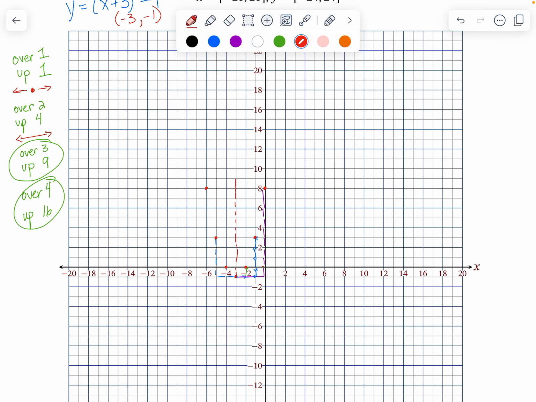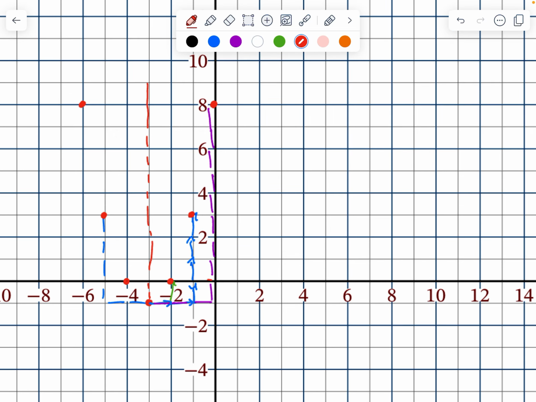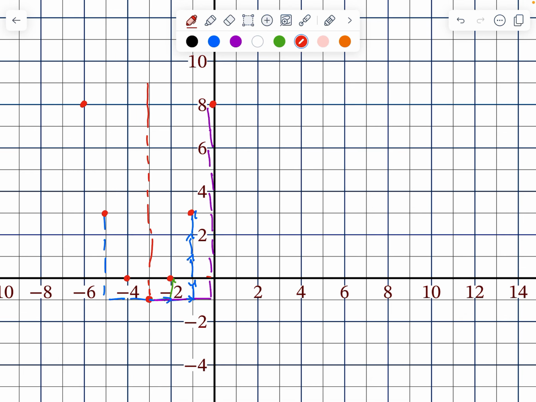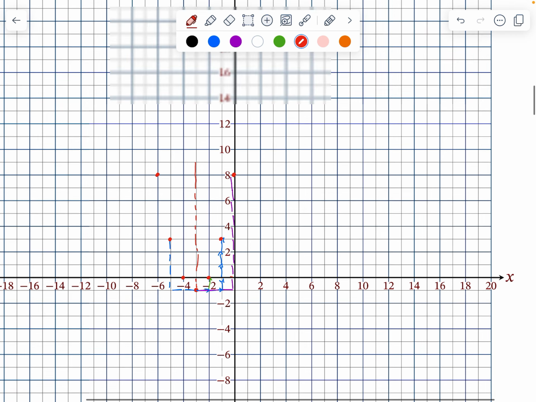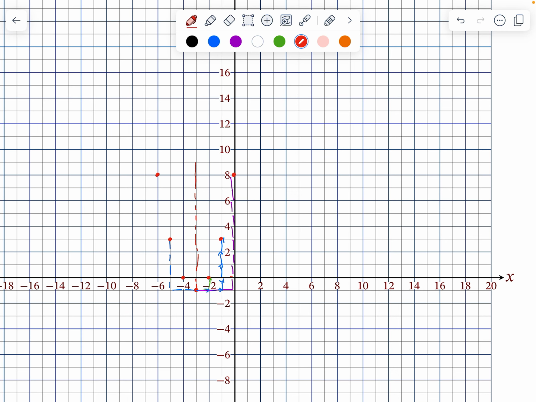Oh, we could do a lot more. Let's just do this one. Let's just keep it like that. I don't know why it doesn't do it, but I can just do it over here and move it over.